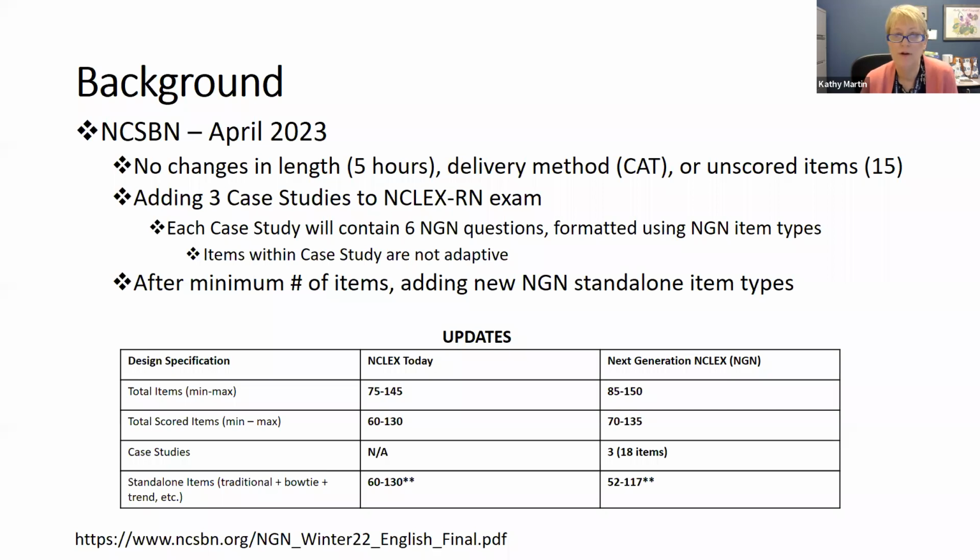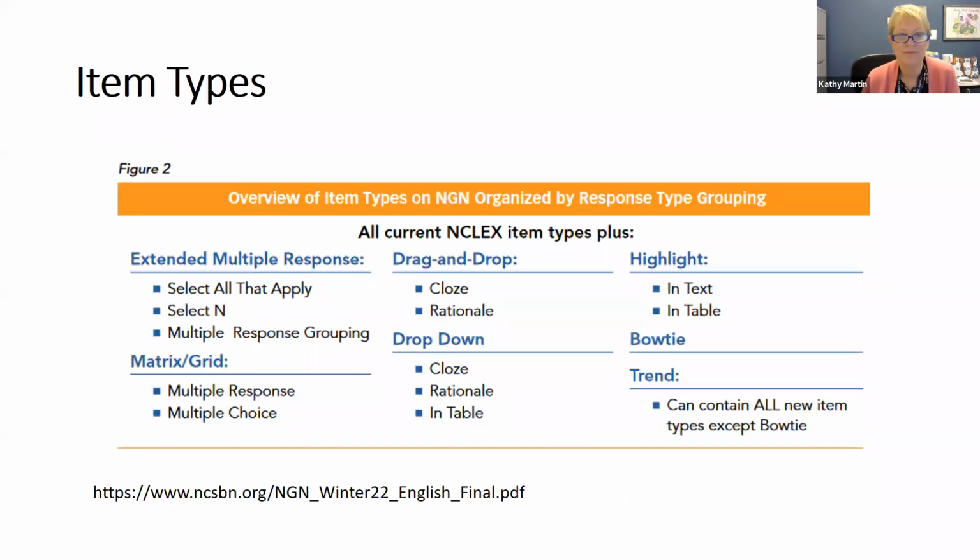You can see here a comparison of the test design that was offered in a winter 2022 newsletter on the National Council of State Boards of Nursing website. You can visit that website if you are new to this topic and just beginning to engage in it. I would recommend that you read these newsletters that are available, start at the beginning and work your way through them.